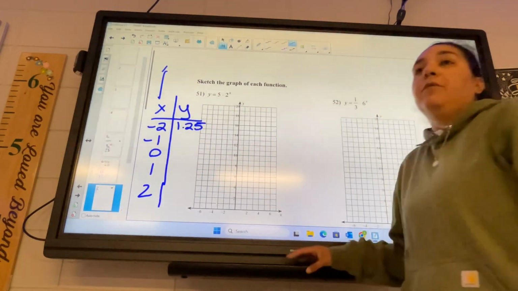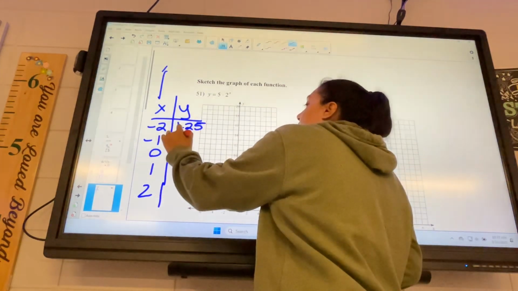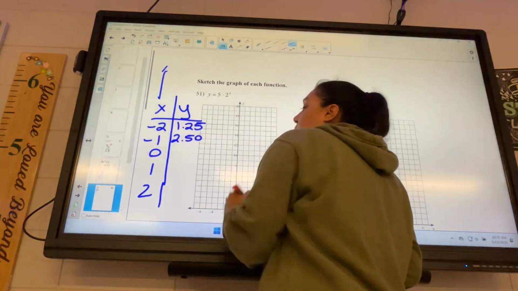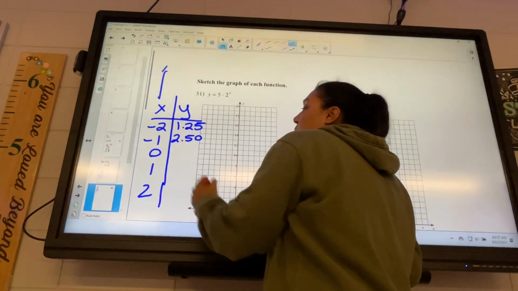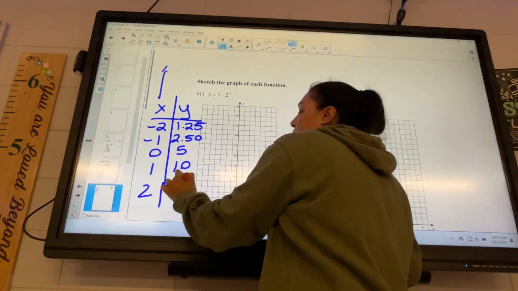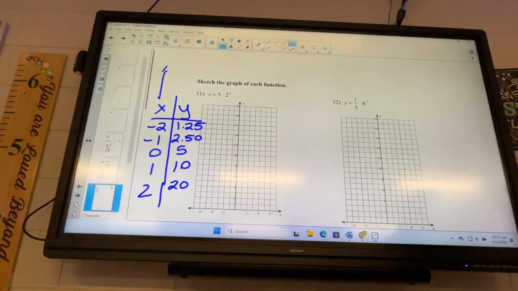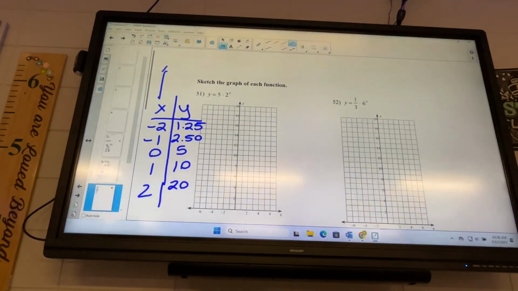What about for -1? 2.5. Then 0 gives 5, 1 should be 10, and 2 should be 20. Is that right? My calculator must be bugging. Hold on. 5 times 2 to the -2 is times 1.